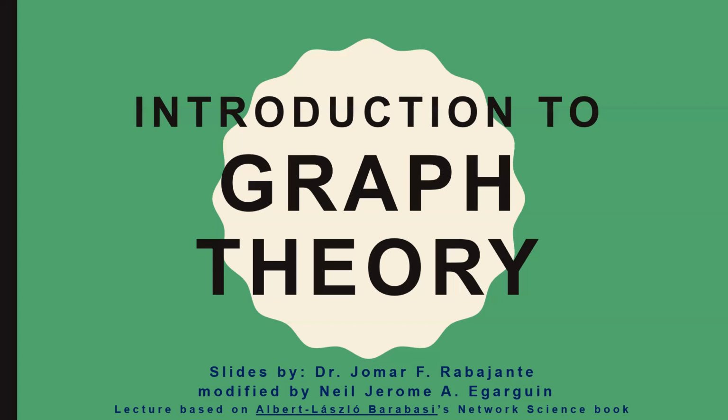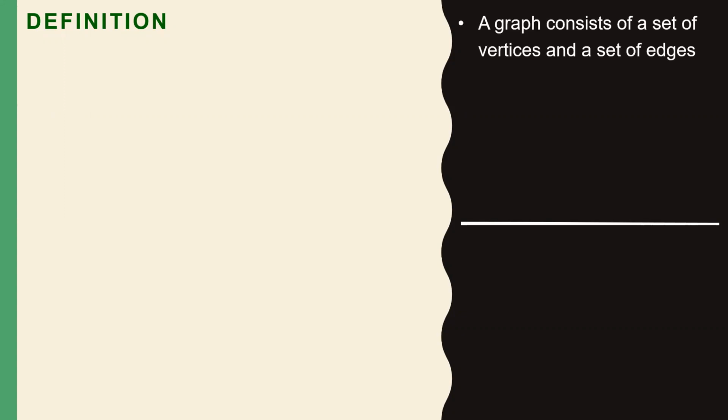So, graph theory as a field started as a branch of pure math, but it is motivated by a physical problem. But let's first define what are the objects of study in graph theory. Of course, these are graphs. Now, what is a graph? A graph is simply a pair. Some will describe this as a triple, but a graph generally consists of a set of vertices and a set of edges.